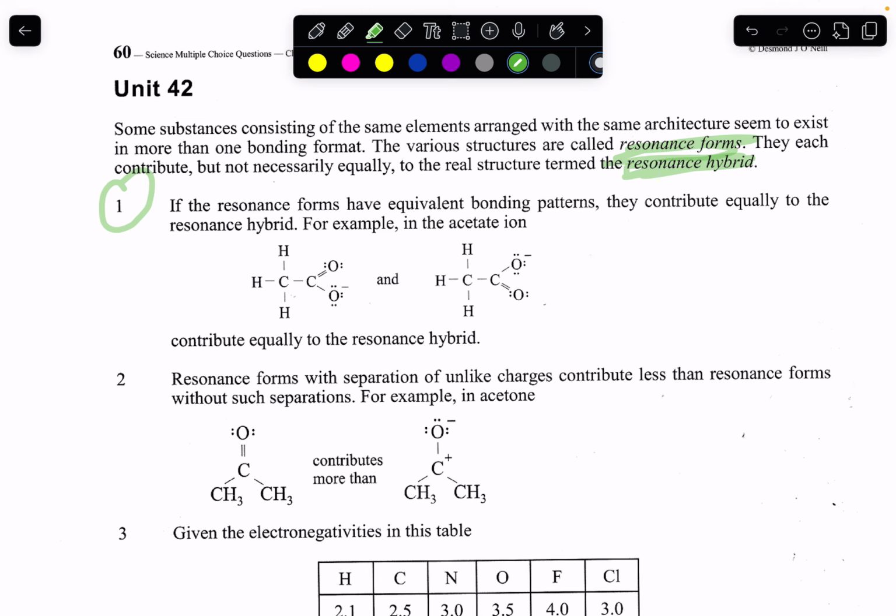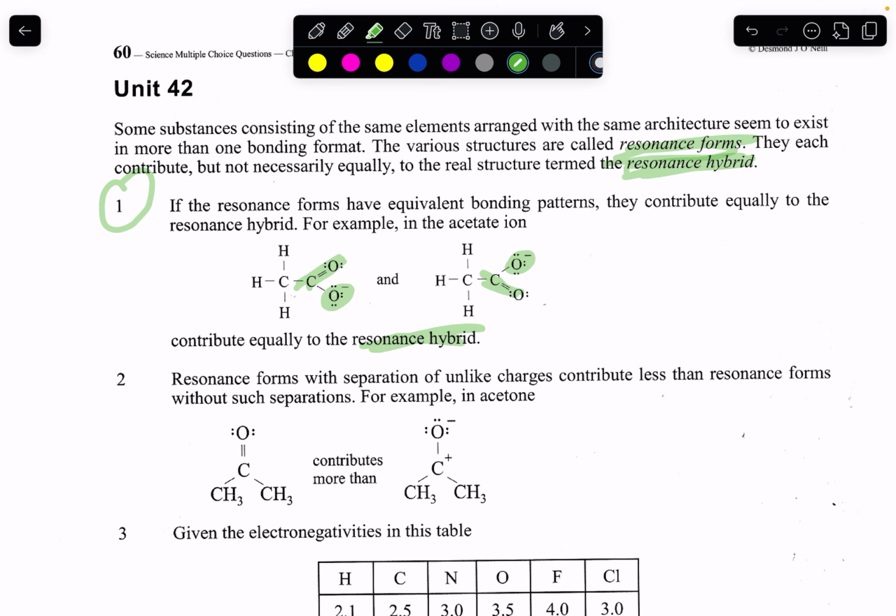You can see both are identical. How can I say this is identical? Look at the changes. This is O minus, here we have O minus, here we have C double bond O, C double bond O. So they contribute equally to the hybrid structure.